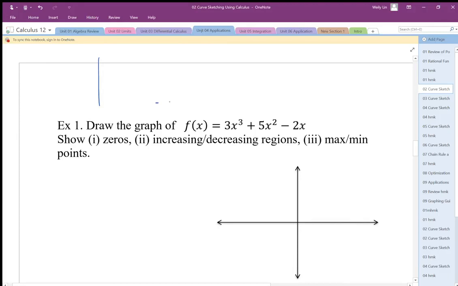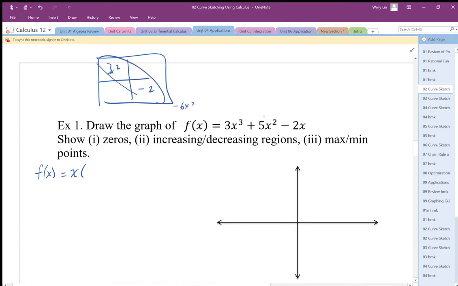Okay, so I'm going to factor the x out. So f of x is equal to x bracket, and I'm going to factor that 3x squared plus 5x minus 2. We know that the diagonal equals 6x squared, so we know that it has to add up to positive 5x.